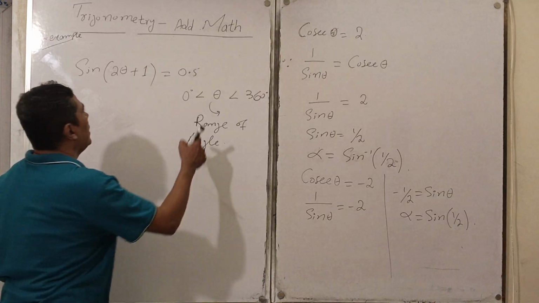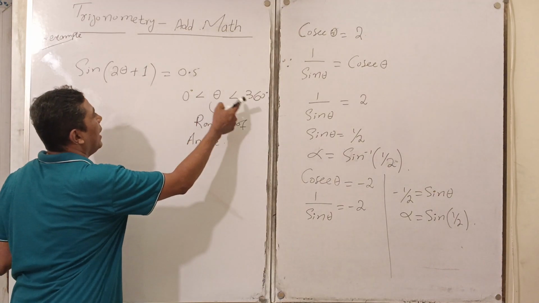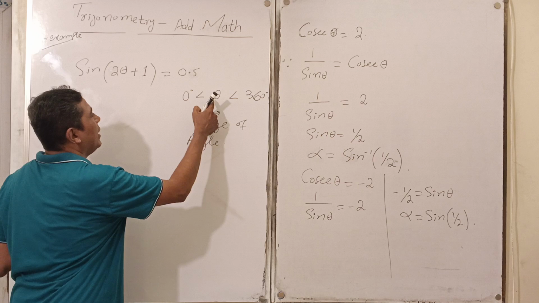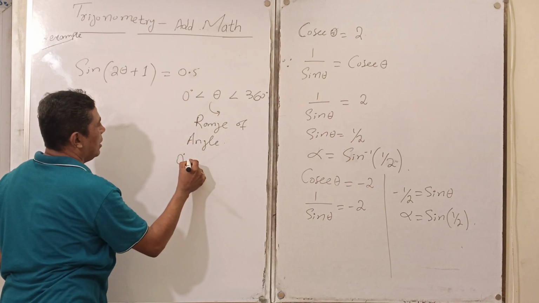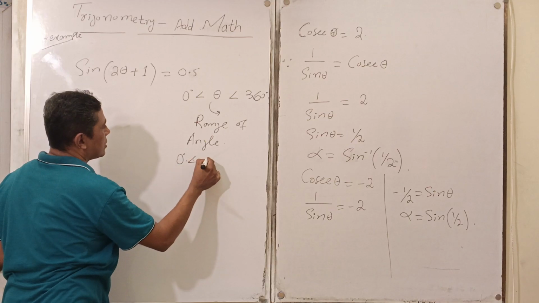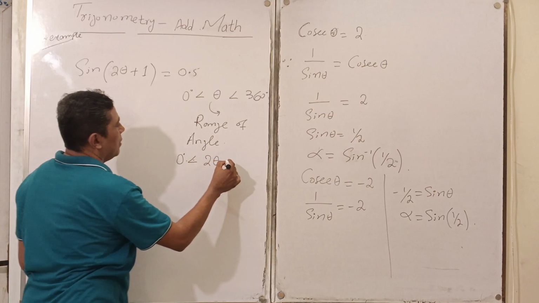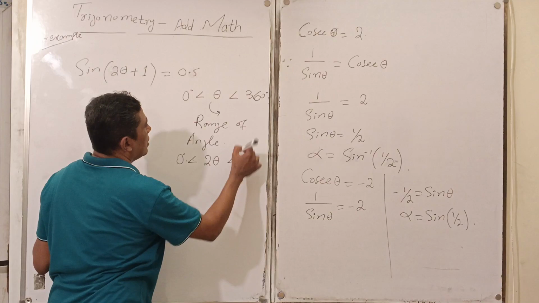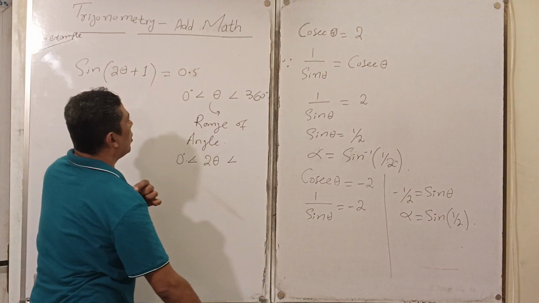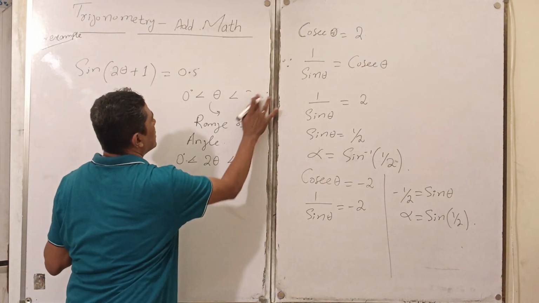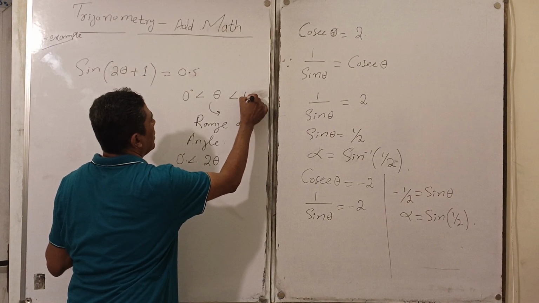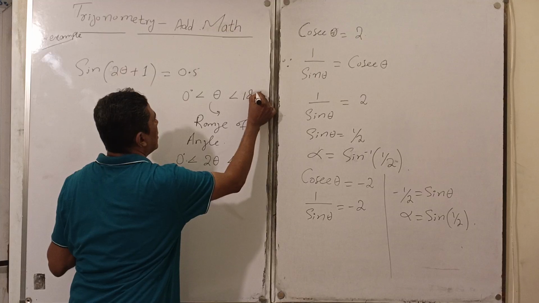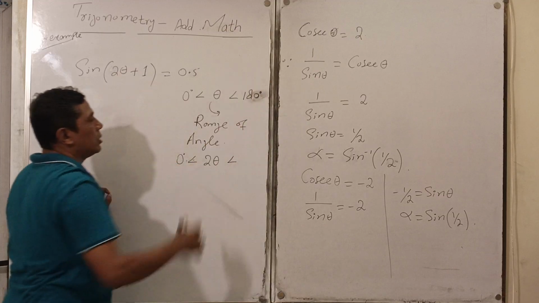So what you need to do is multiply both sides by 2. So it is 0 degree, and this one is 2 theta, and 360 multiplied by 2 is what? 720 degree. But we cannot go beyond 360 degree.